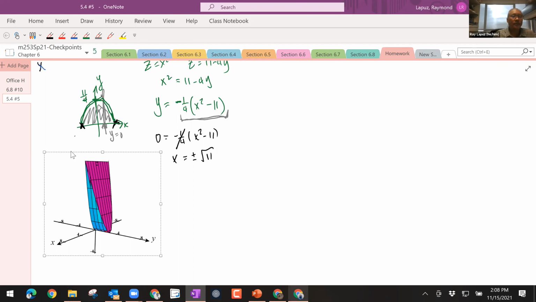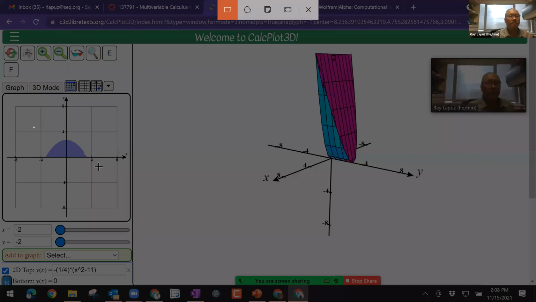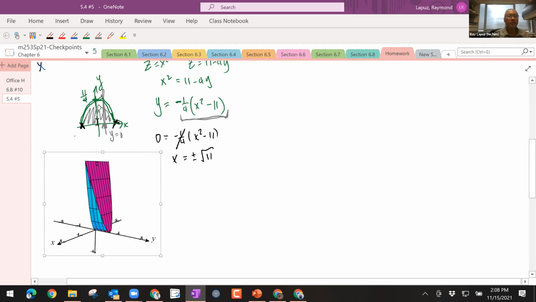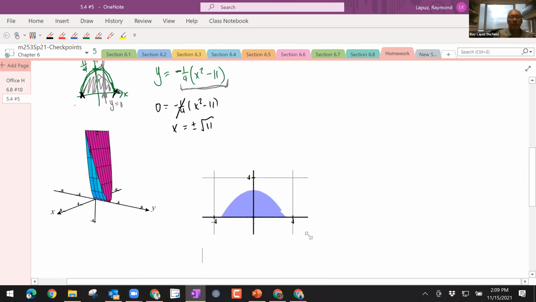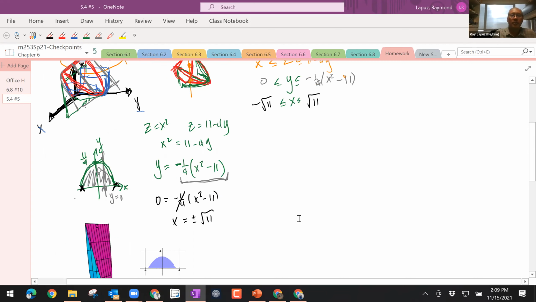This is the shadow that we're looking at on the XY plane. And that's the picture in green that we had. This picture right here. So it all matches, so it all looks good.